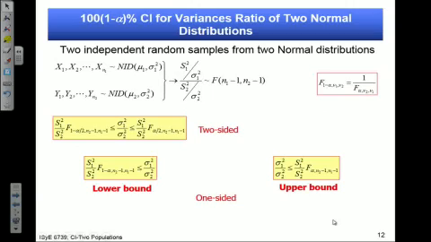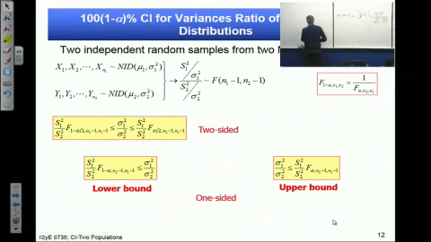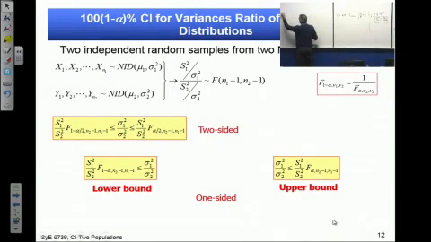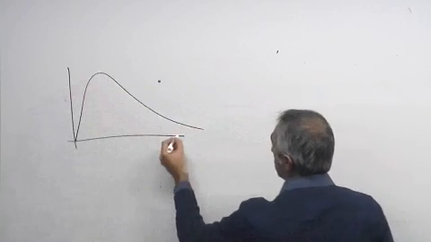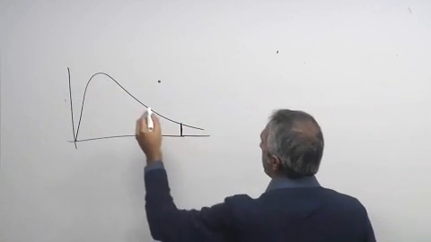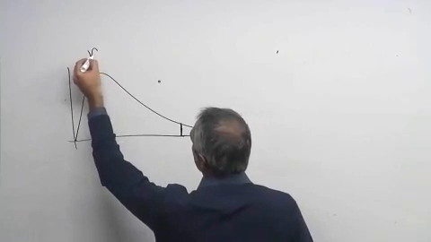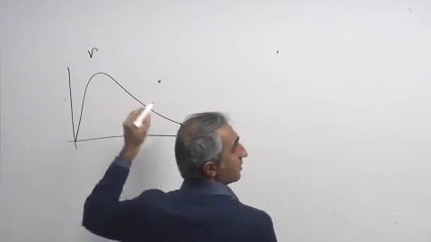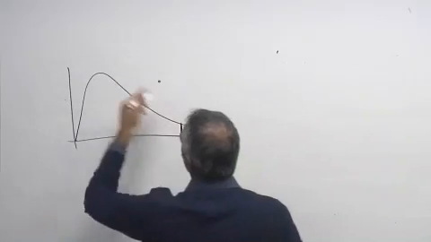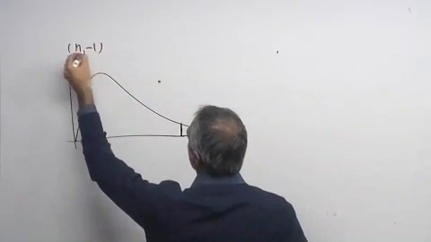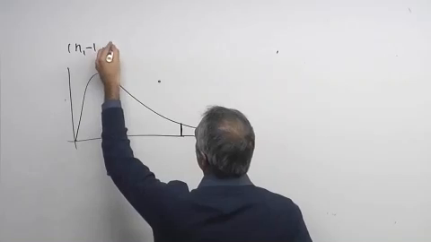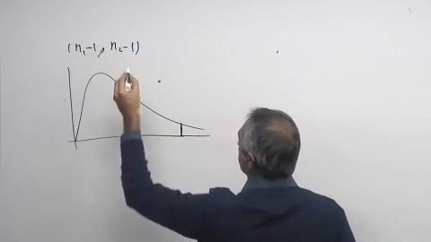So basically, let me derive this one because this is different. Let's say this is the F distribution with nu 1, or in this case n1 minus 1 and n2 minus 1 degrees of freedom.